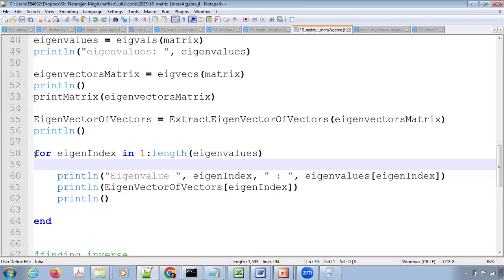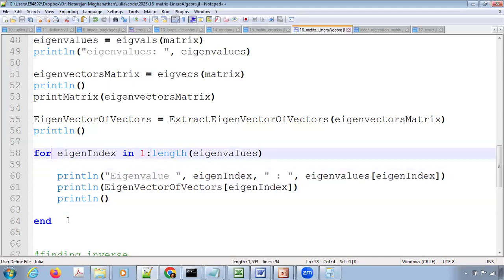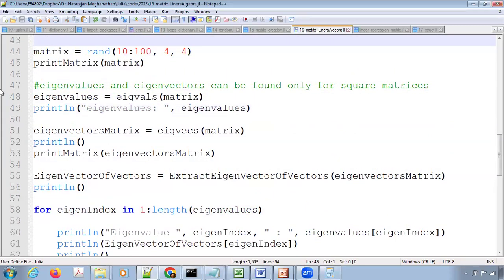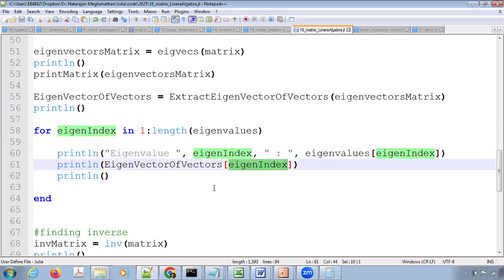So I can run a for loop where the loop index is, say, the eigenindex from 1 to the length of the eigenvalues, because remember the eigenvalues is also a vector that stores all the eigenvalues. So in this case, it's a 4 by 4 matrix, so it will be a vector of 4 elements. Then I can print the individual eigenvalues by using eigenvalues of eigenindex. And the corresponding column vector can be accessed using the same eigenindex as the column index on this eigenvector of vectors.